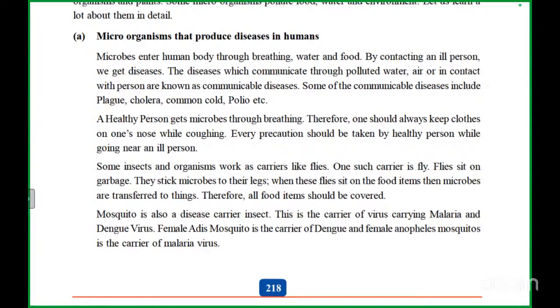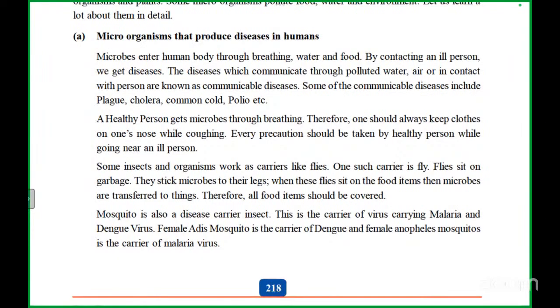Some insects and organisms work as carriers, like flies. How? Flies sit on garbage, which often has harmful microorganisms and bacteria.